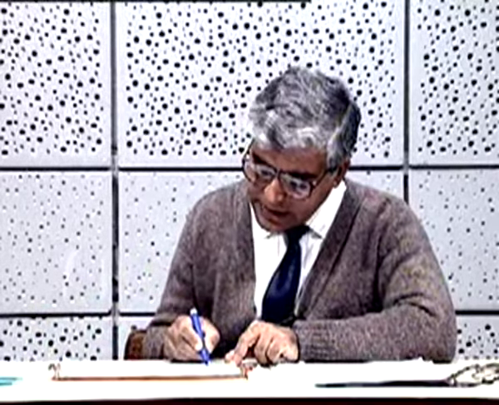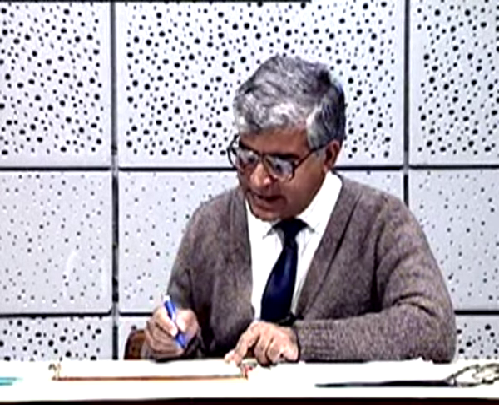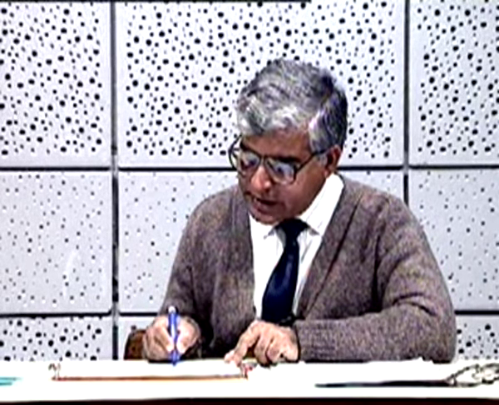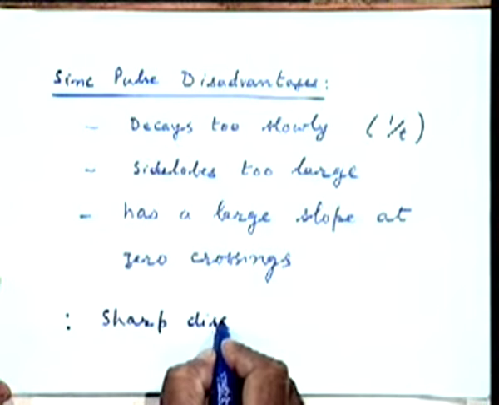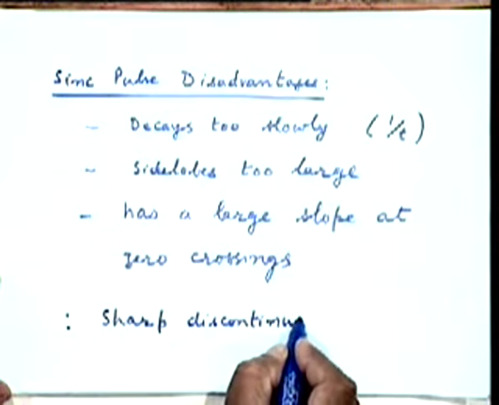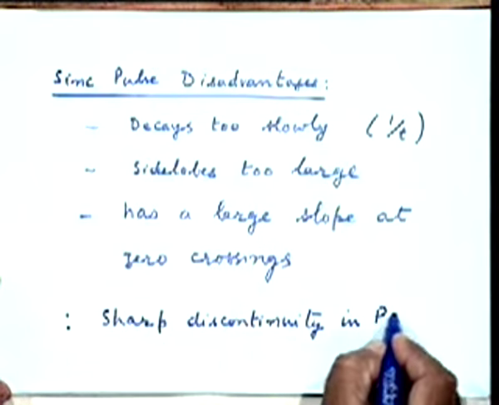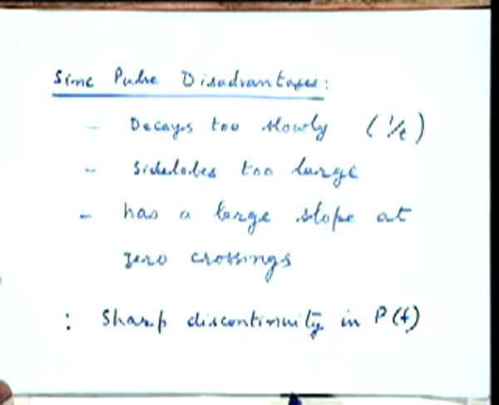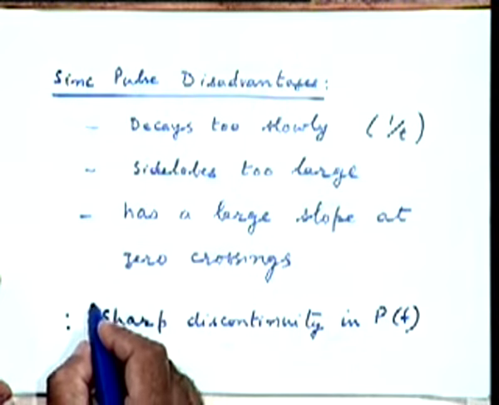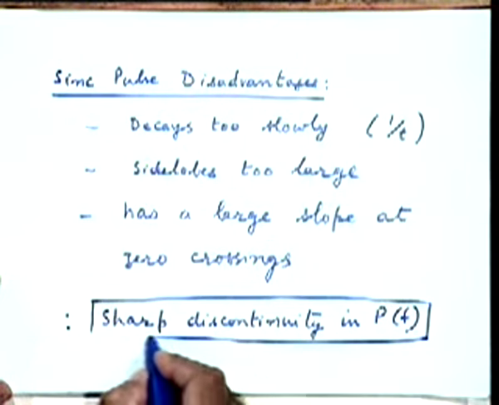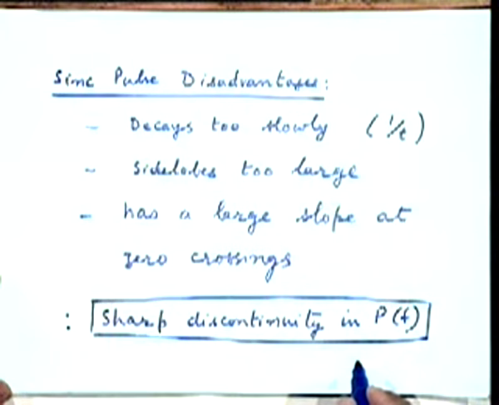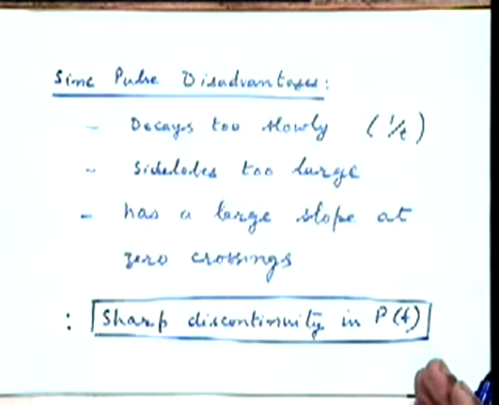Now, returning to the disadvantages of the pulse shape, we note that all these disadvantages are essentially contributed by the fact that it has a sharp discontinuity in the frequency domain, in P(omega) or P(f), right? So if we can get rid of this sharp discontinuity, and also ensure that zero crossings are maintained, then we are perhaps in business.